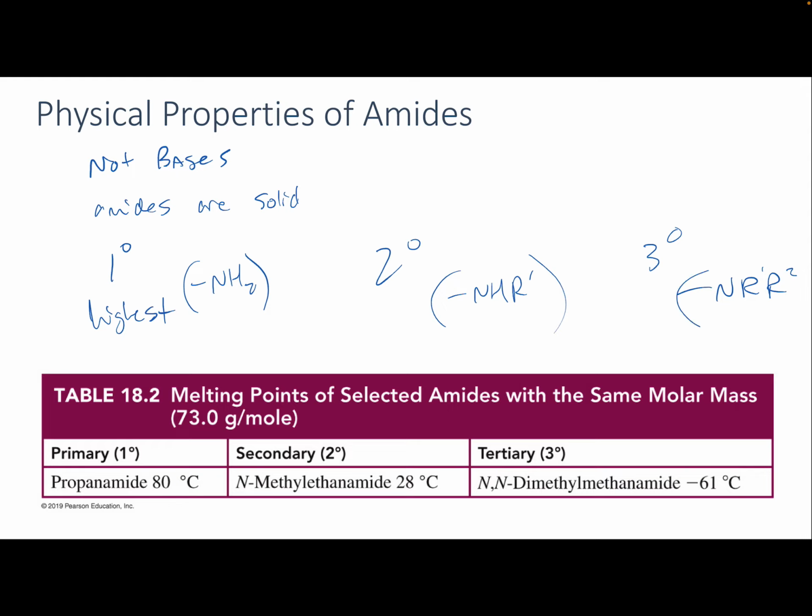No H's, so they can't form any hydrogen bonds, and so they have the lowest of the melting points. As you can see here, a nice comparison. 80 degrees, 28 degrees, and then negative 61. Again, a huge jump with H bonds in terms of melting temp.